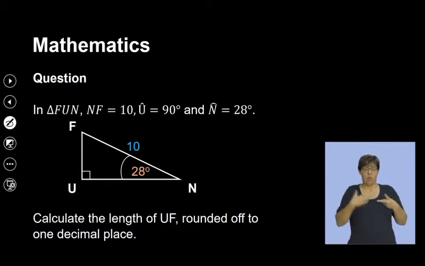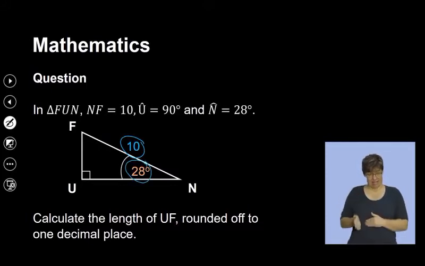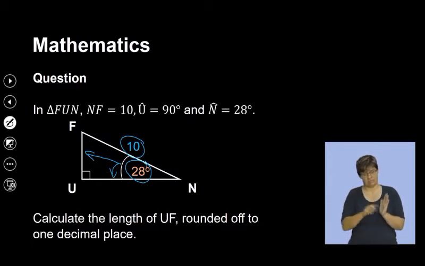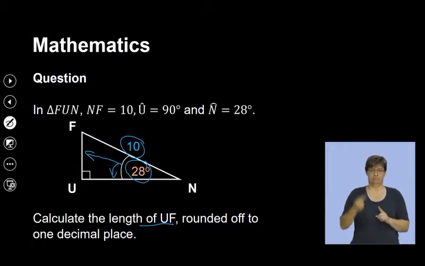And you can see here I am given this side here, which is my hypotenuse side, and I'm given this angle here. And in relation to that angle, we know that FU will be the opposite. In relation to that angle, UN will be the adjacent. The question wants us to find the length of UF, right? Rounded to one decimal place. So UF will then be the opposite side.